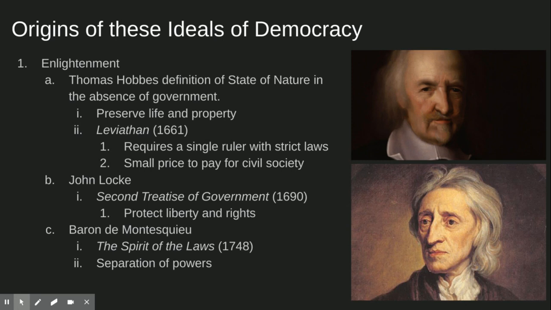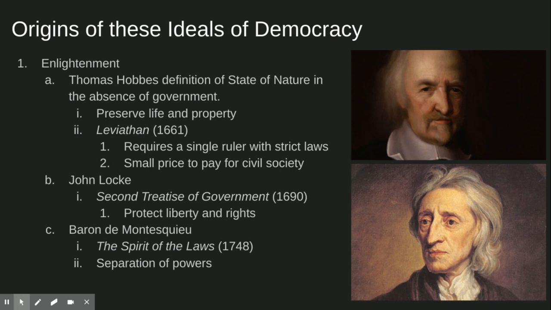Baron de Montesquieu, in the Spirit of Laws of 1748, says yes, we need to have a democracy, but powers of our government must be separated, thus controlling the government, because power is not concentrated in one group of people.